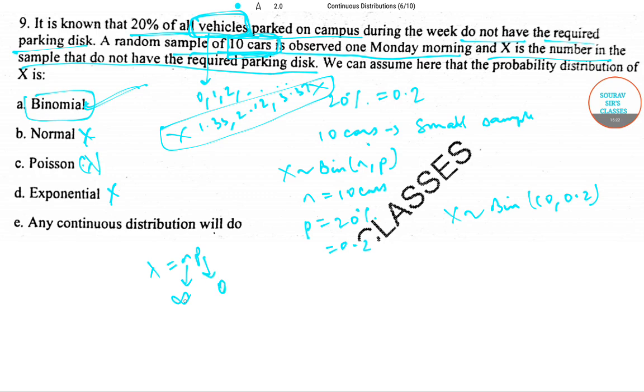Over here the sample size is small and p is quite a significant amount, 0.2, so it is not 0. So we cannot use Poisson here. Will any continuous distribution do? No. Thus the correct option is option A, that is binomial.